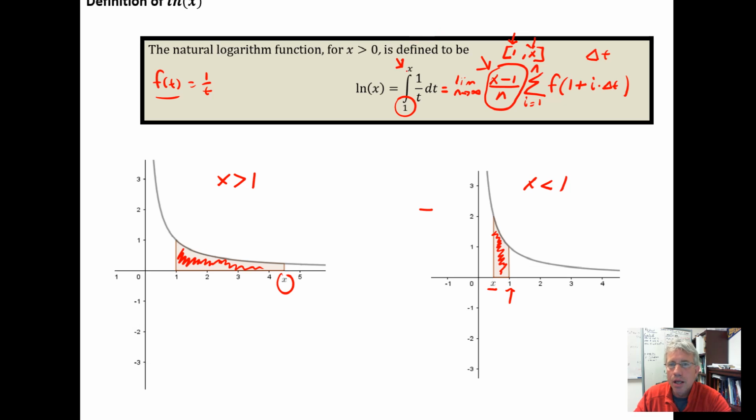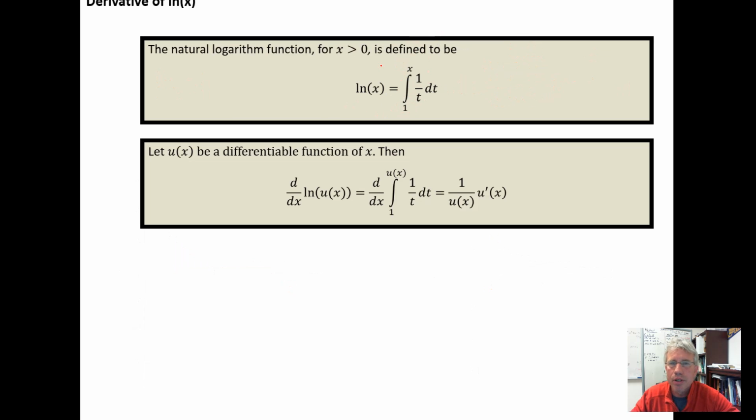So the thing that comes right from this definition of the logarithm, the thing that comes directly from it using the second fundamental theorem of calculus, is that we know the derivative of the logarithm is going to be, if we take ln of x, and then we take d/dx of ln of x, we know we're doing d/dx of the integral from 1 to x of 1 over t dt.